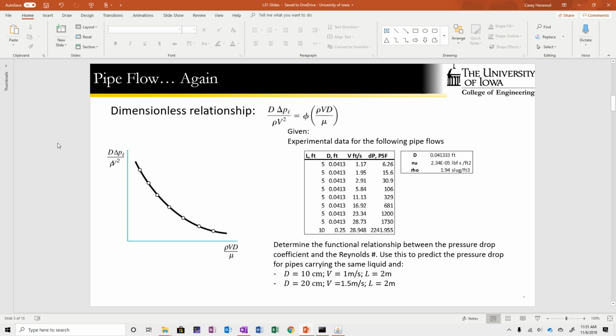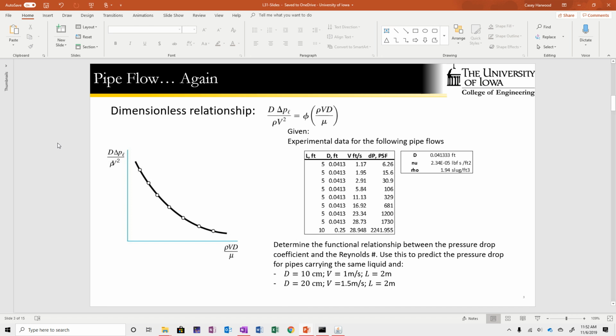Over the course of the last couple of lectures, we've really kind of beaten this pipe flow experiment to death. But we've established that we've got this dimensionless relationship of the pressure drop, bringing in length on the left-hand side, to some function of what we have now seen to be the form of a Reynolds number on the right, rho d v over mu.